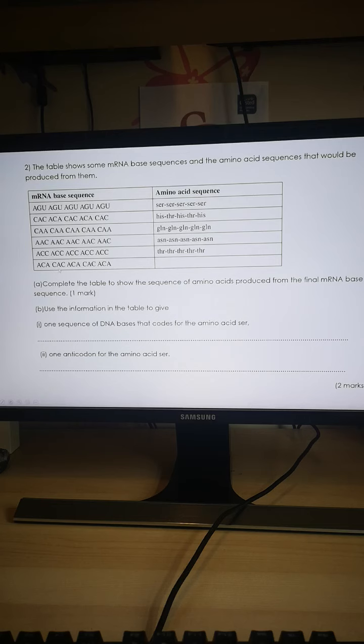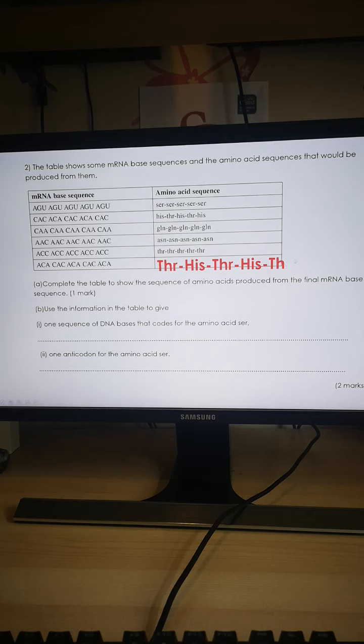So you do that for each one, sussing out where you've seen it before, and then you should get that. Sorry, that should have an R on the end of it as well.